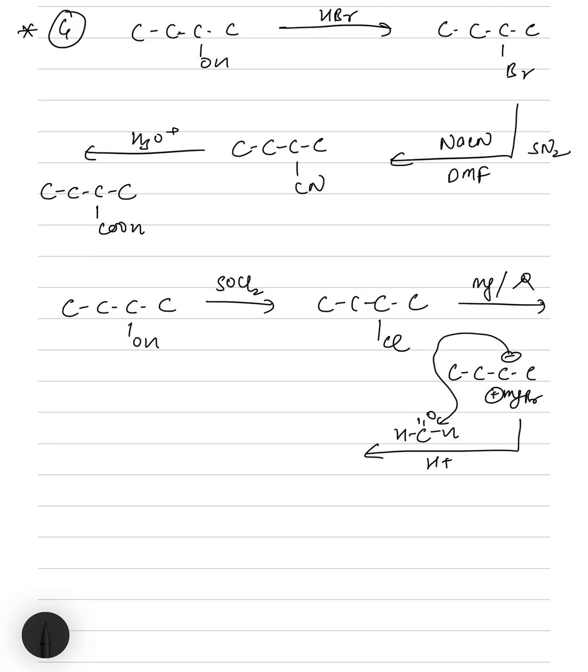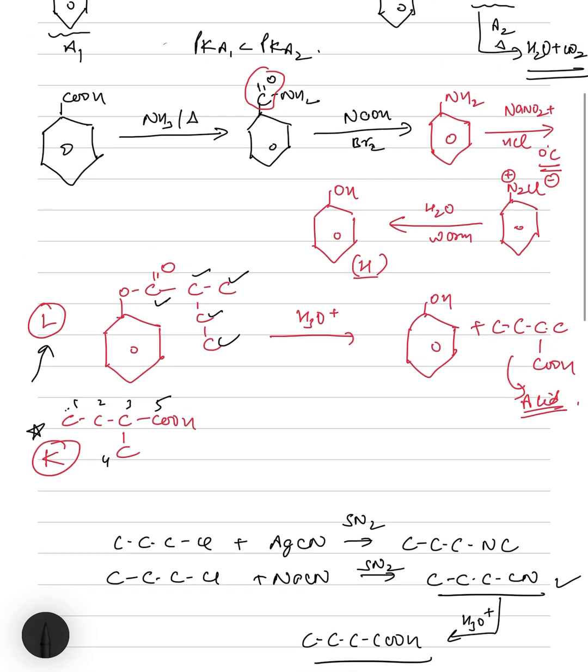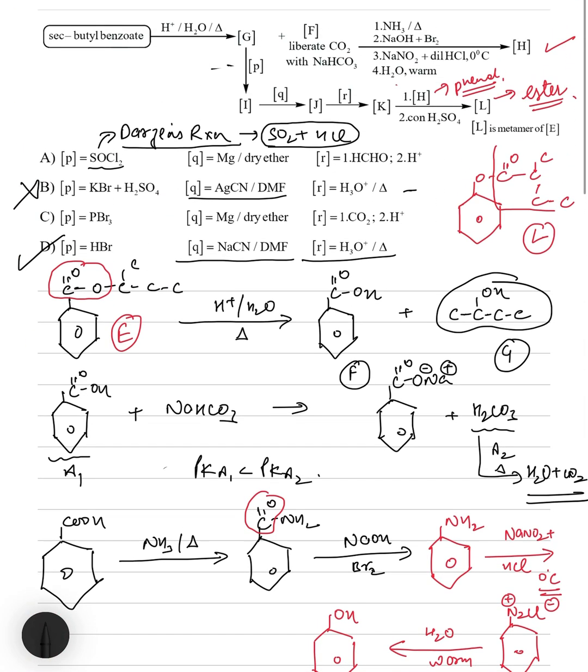This negative charge will attack the C double bond O, and the electron pair will go up, and we get CO minus H, with MgBr plus. Upon hydrolysis, in the presence of acidic medium, we will not get the acid, but only the alcohol, right? But this is not what is required for the product K. So option A is not correct.